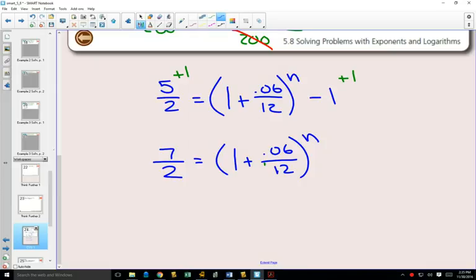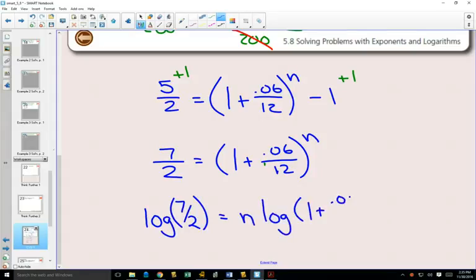That's going to be nice because now how do we get those things out of the exponent? How do we get the variable out of the exponent? We have to take the log of both sides. And when we take the log of this right-hand side, does it make sense that your exponent of n can come out in front?